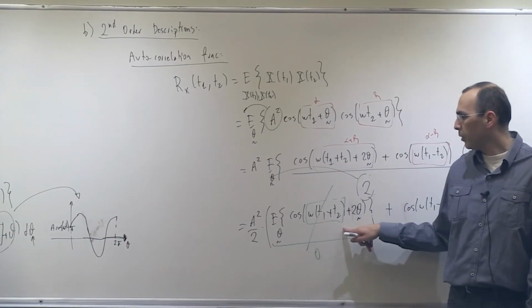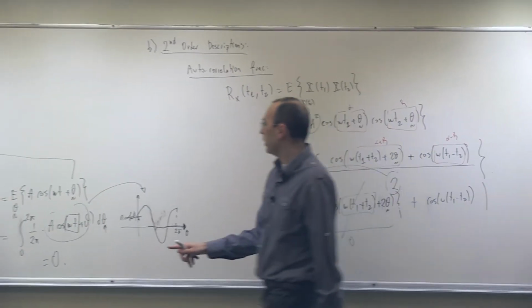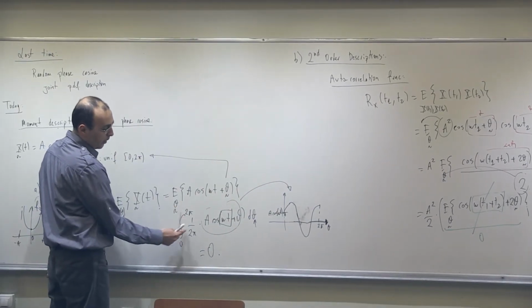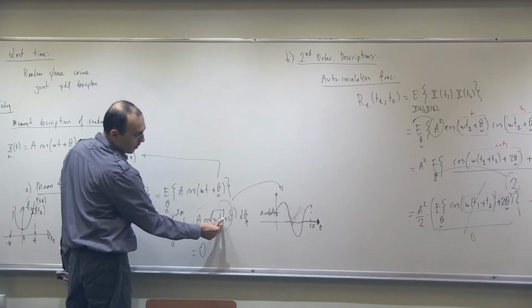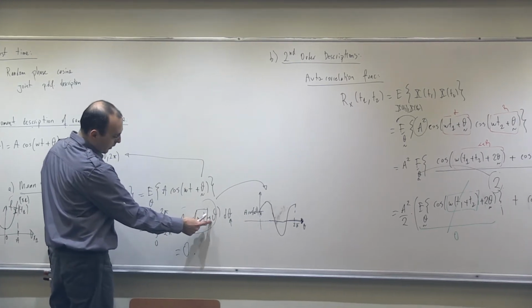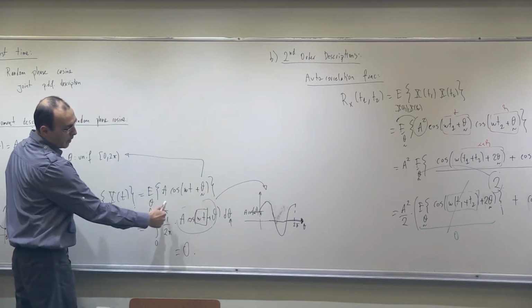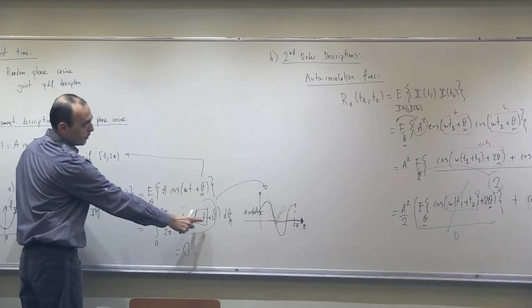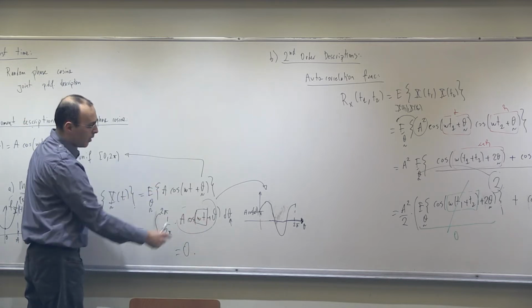So if I evaluate this expectation, I then have exactly the same calculation: 0 to 2 pi, 1 over 2 pi, a cosine of a number plus 2 theta. If this is 2 theta, then I'm integrating over 2 full periods of this cosine with respect to theta.